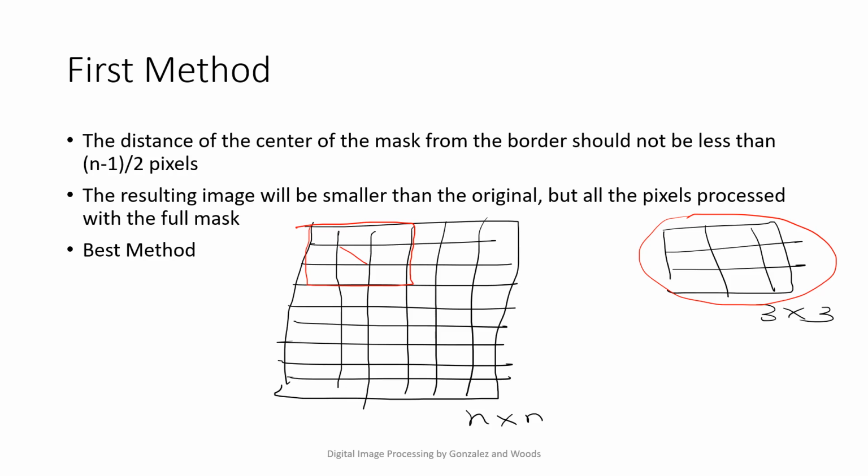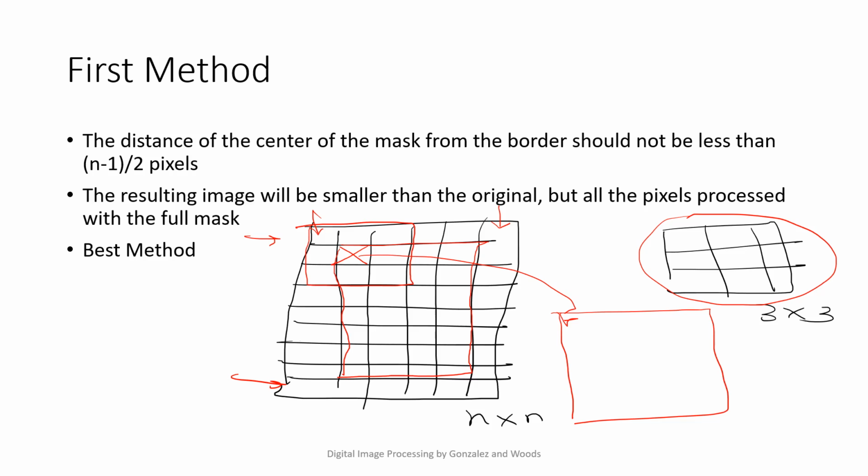I'll get this as the first value. So in the resultant image, the first value will be this value, right? The size of the resultant image will decrease by 2 rows and 2 columns. So this is one of the methods of applying convolution. If you apply it that way, your output image size will decrease.